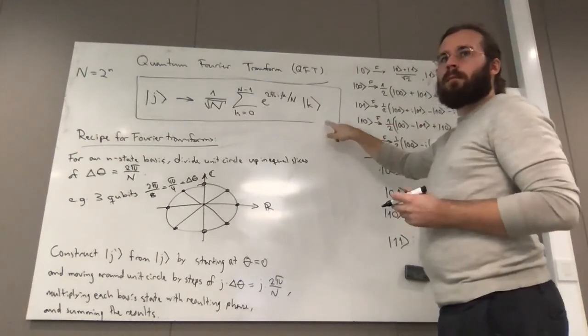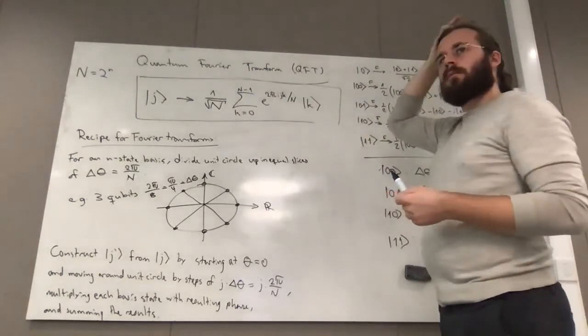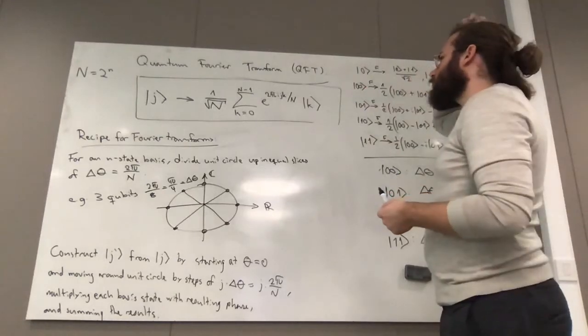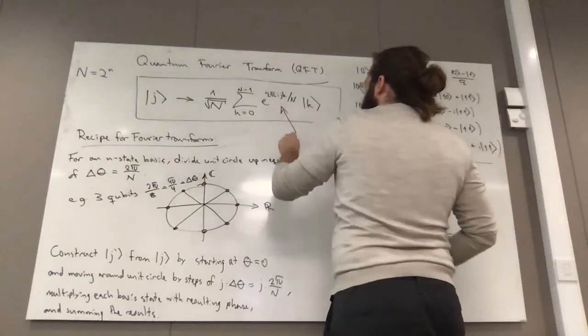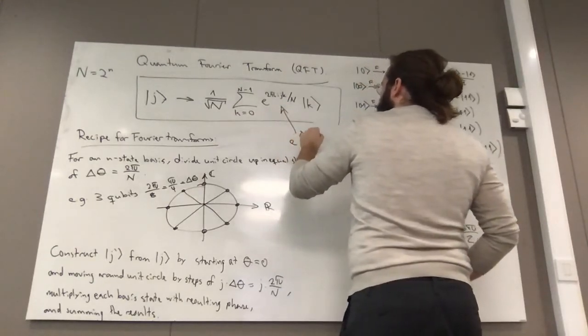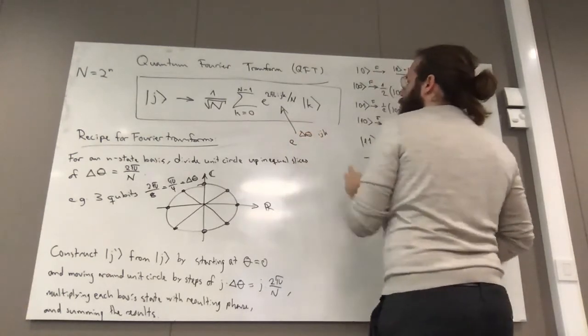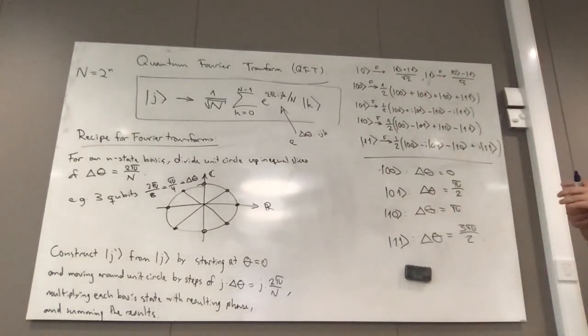Yes, because you just rewrite the delta theta like this, and you can put that in the definition. Then this follows the definition of what you say, right? Construct J prime from J.